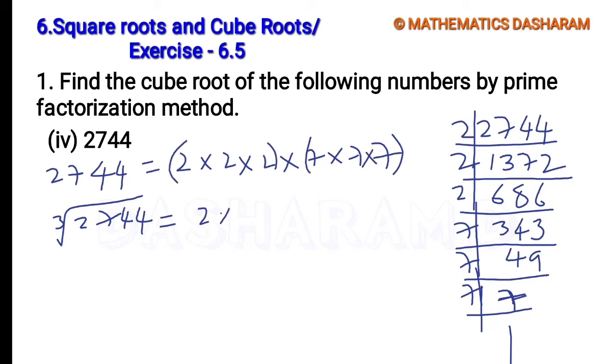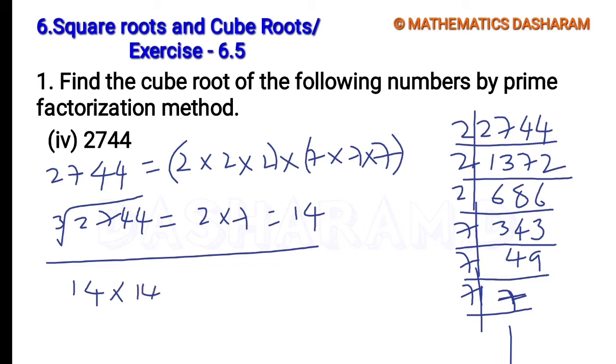So then 2 into 7 equals 14. So we can verify our answer. 14 into 14, 196. 196 into 14 is 2744. So our answer is correct.